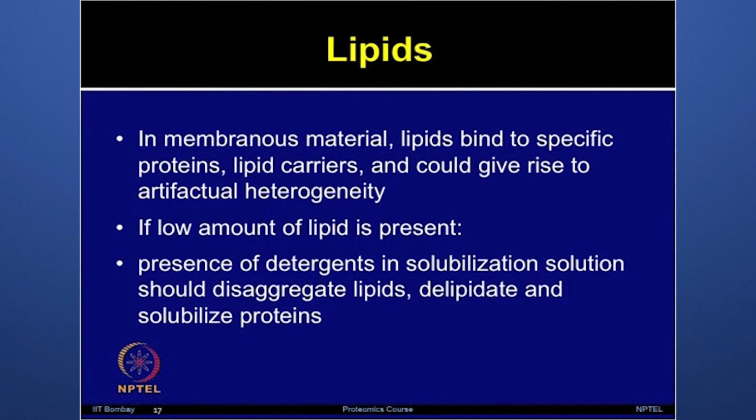In membranous material, the lipids bind to specific proteins such as lipid carriers, and this could give rise to artifactual heterogeneity. If a very low amount of lipid is present in your protein sample, the presence of detergents in the solubilization solution should disaggregate the lipids, delipidate and solubilize the proteins.